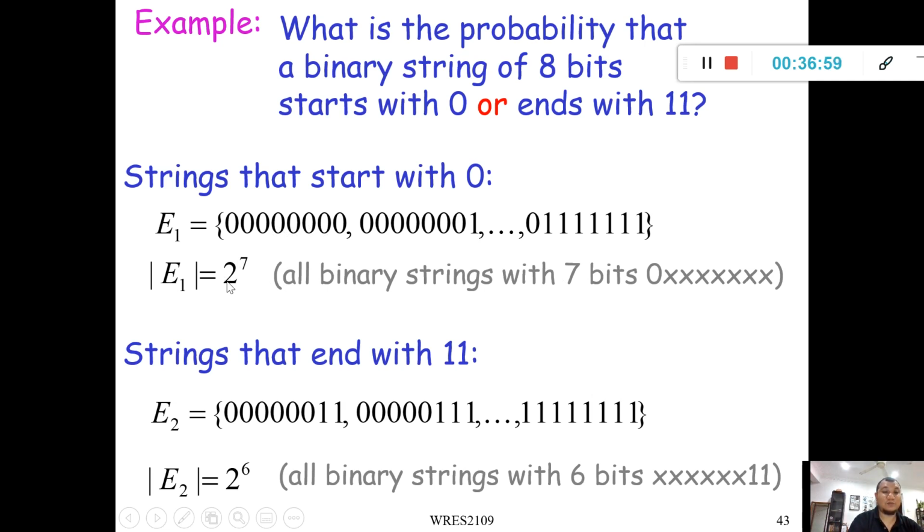So E1 is 2 to the power of 7. Strings that end with 11: 2 to the power of 6, since the first 6 bits don't matter.